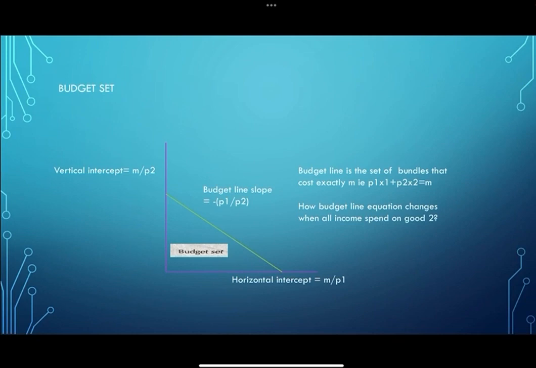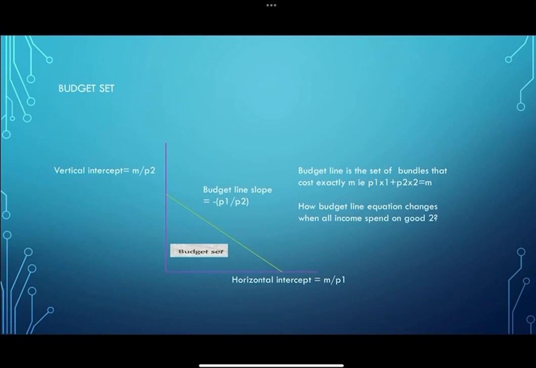That is called the horizontal intercept. If you are spending all your income on good 2, that is known as M by P2, which is referred to as the vertical intercept. And the green line is the budget line, and the slope of this budget line is minus P1 by P2. I'll explain why it is minus P1 by P2 later.